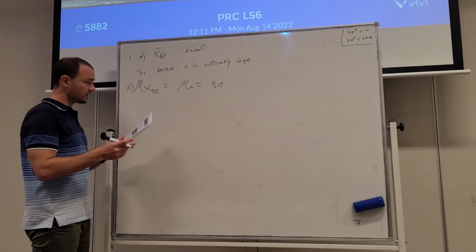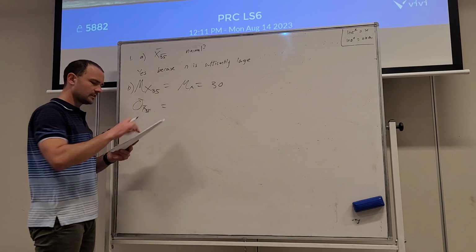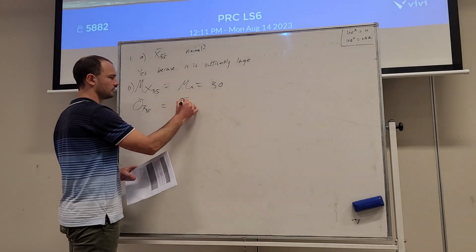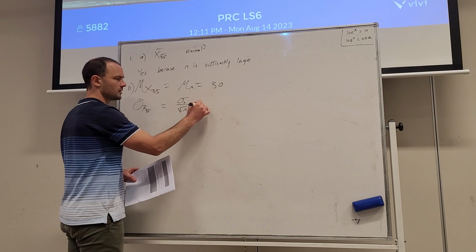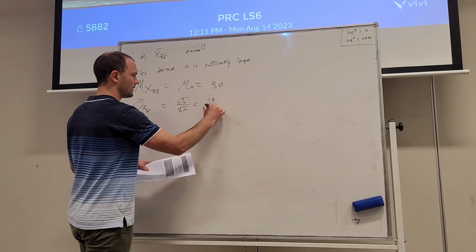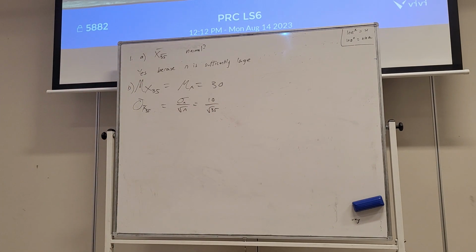The standard deviation of X̄35 is the standard deviation of X divided by the square root of n. So in our circumstance, that's going to be 10 divided by the square root of 35. So we've found the mean and the standard deviation of X̄35.